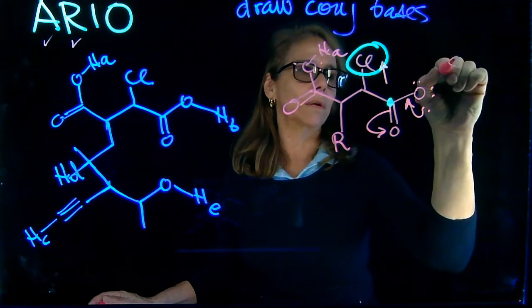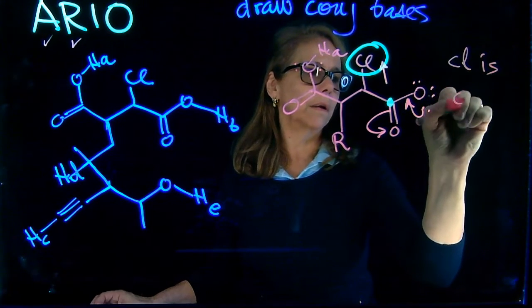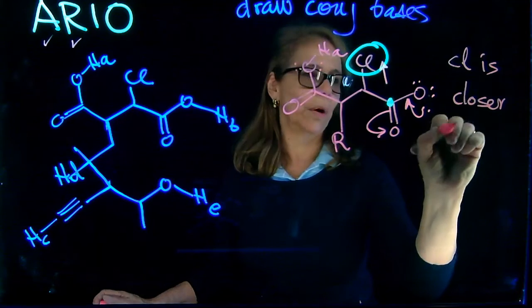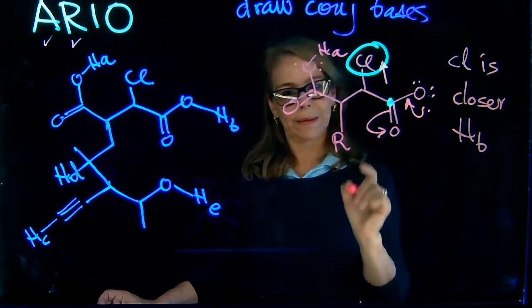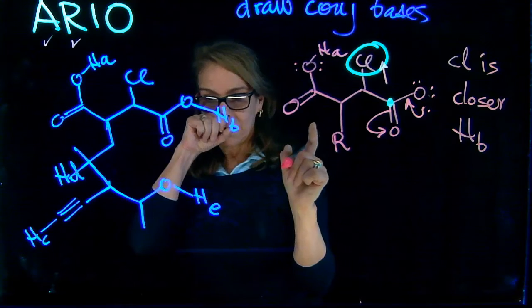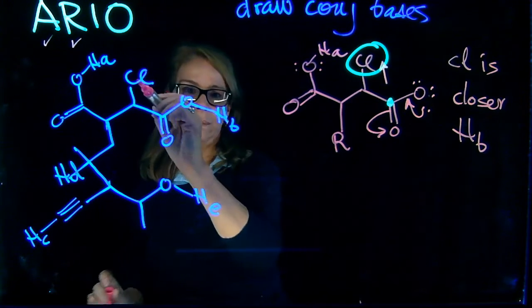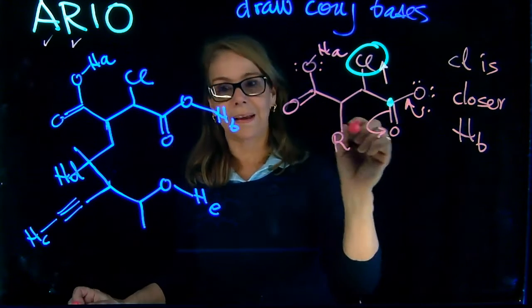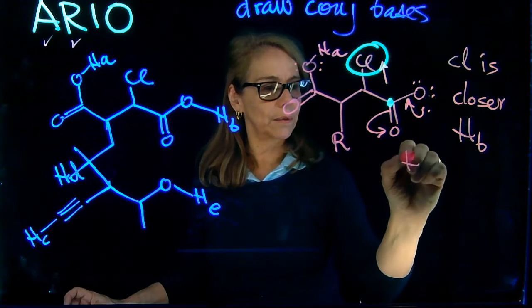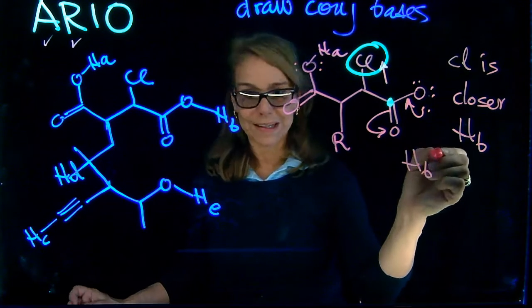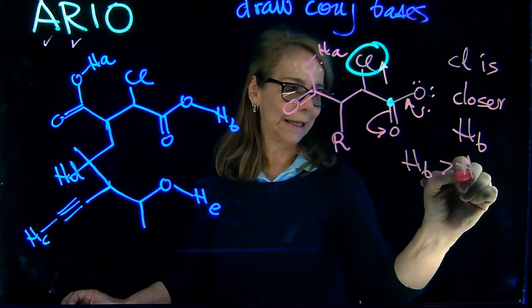So the chlorine is closer for hydrogen B. That means that, between these two, hydrogen B is more acidic than hydrogen A.